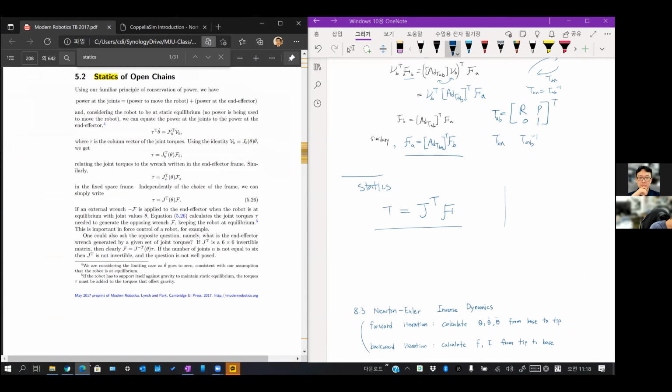If there is some kind of link, and if there is some force, and we want to know the torque here, if we know the joint Jacobian, we can calculate the torque using the Jacobian and the spatial force to maintain this force F. So these things are about the statics.